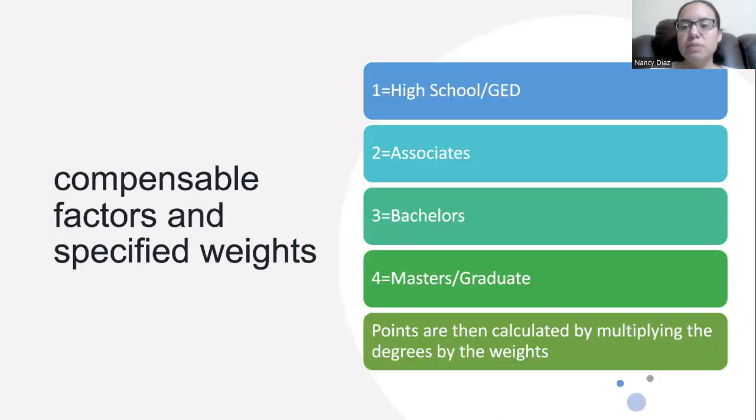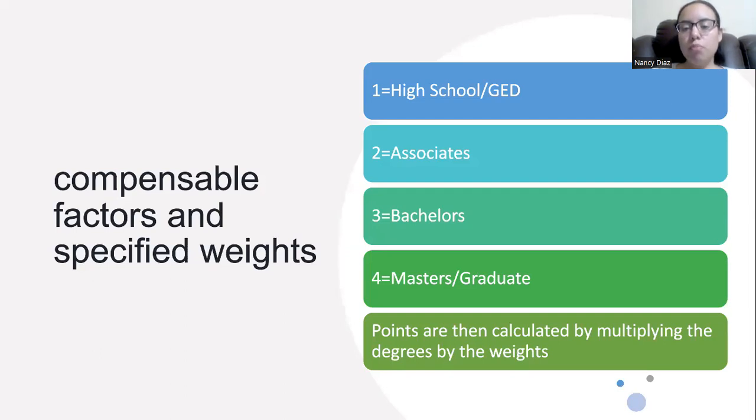Compensable factors and specific weights. Here we learn that they use a grading scale in order to determine the education level or the level of expertise that is required for each position. We learned high school receives 1 point, associate's 2, bachelor's 3, and so on.